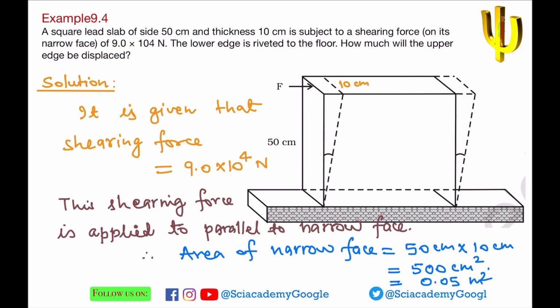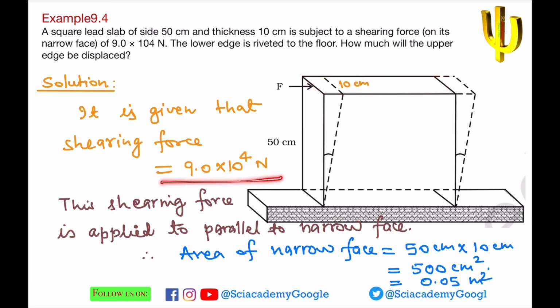It is given that the shearing force is always along the area of the cross section, and the tensile force is perpendicular to the area of the cross section. Here the force is along the area of the cross section, right?